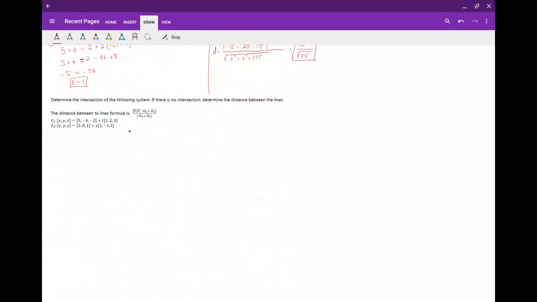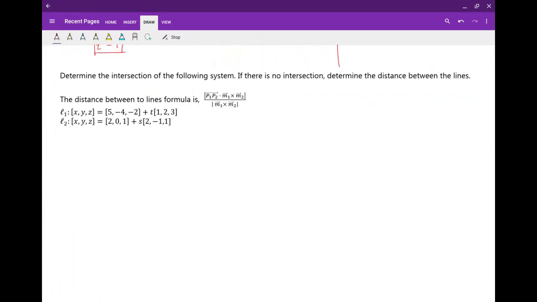So watch this. I'm going to change this here. I don't know why I have the same question written here. So let me go line 1 and line 2. Line 1 is x, y, z. Line 2 is x, y, z. And let's just say this is like 1, 1, 1, and this is like 2, 1, 0.